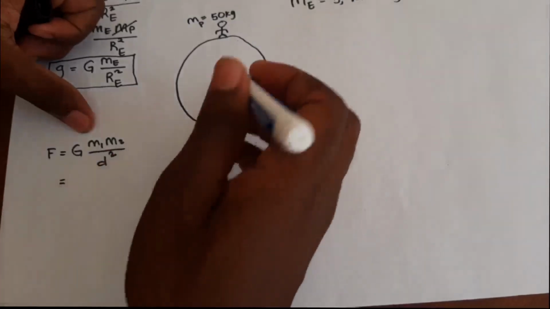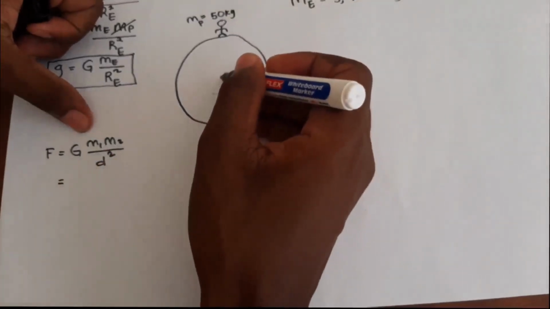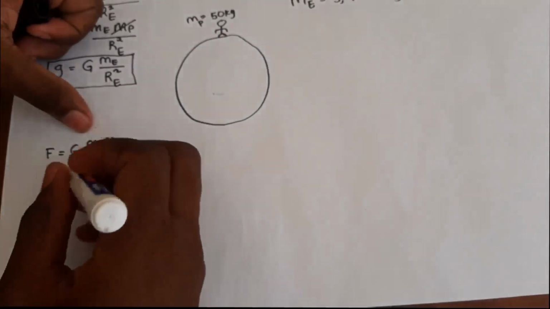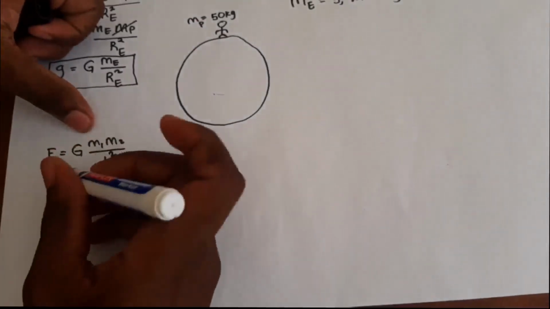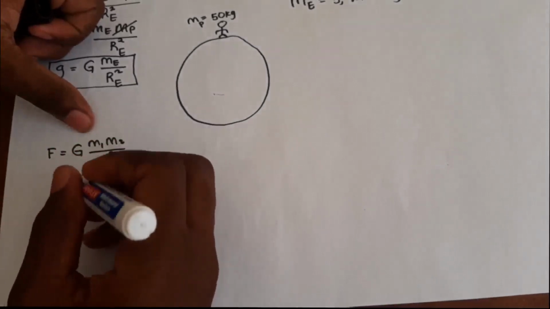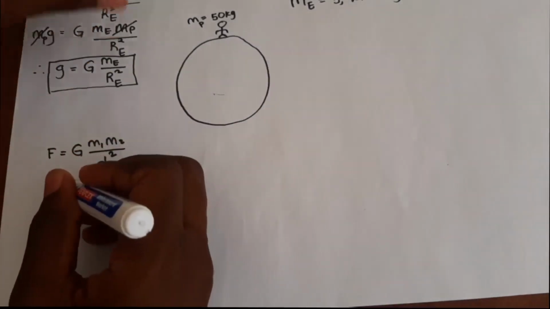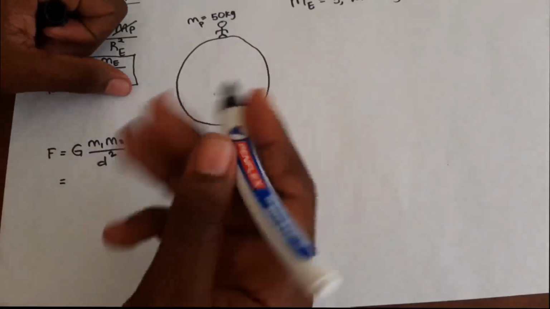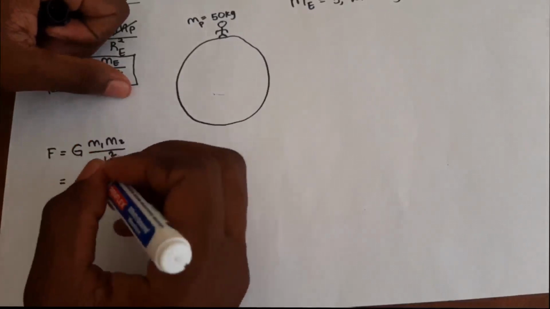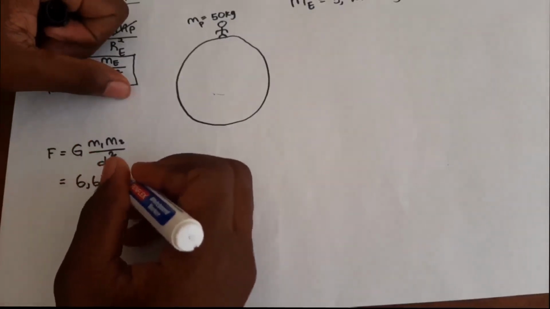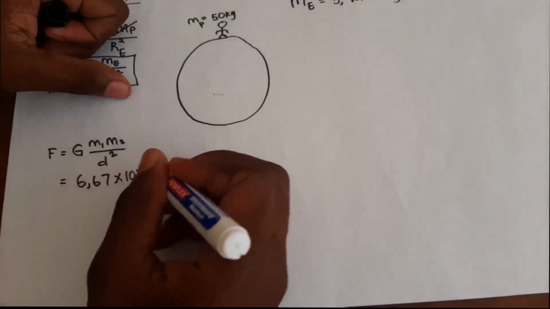The distance will be the radius from the center of the earth to the person. Our gravitational constant is 6.67 multiplied by 10 to the power of negative 11.